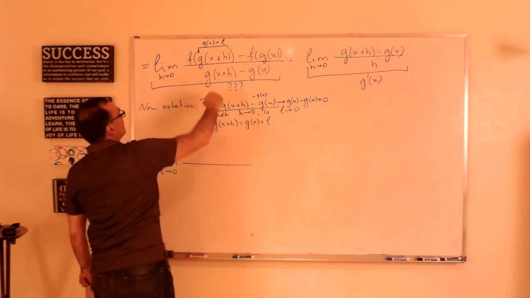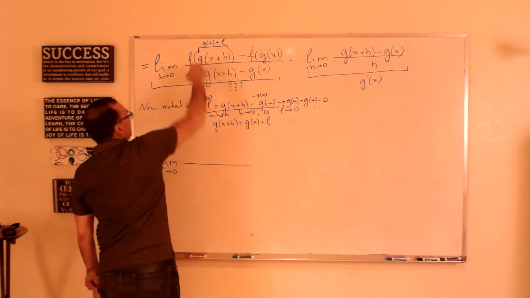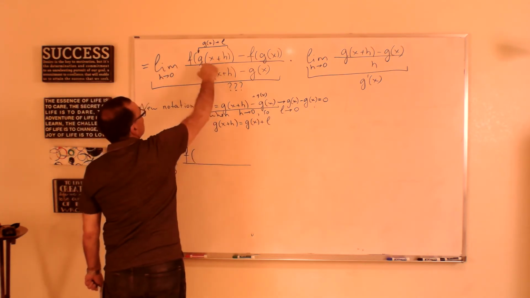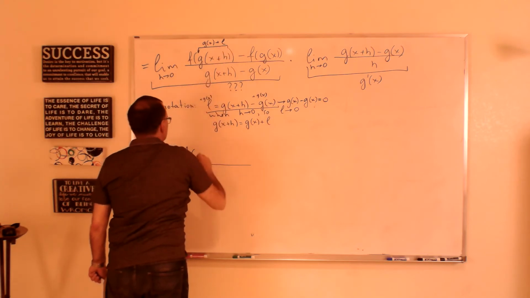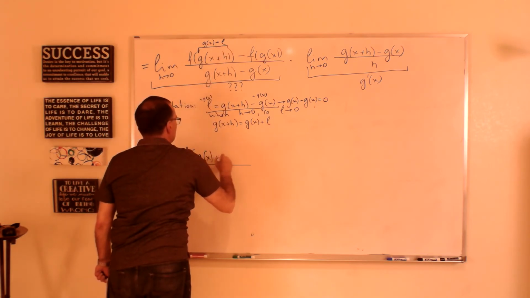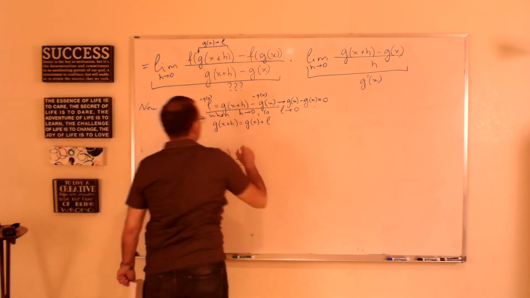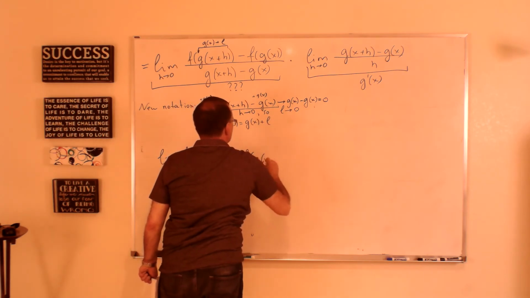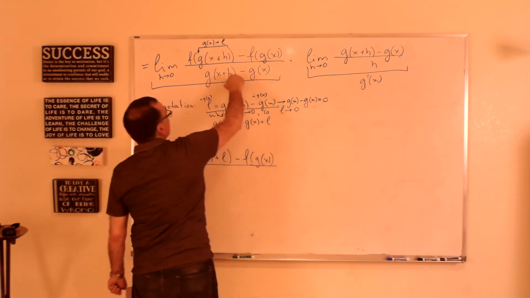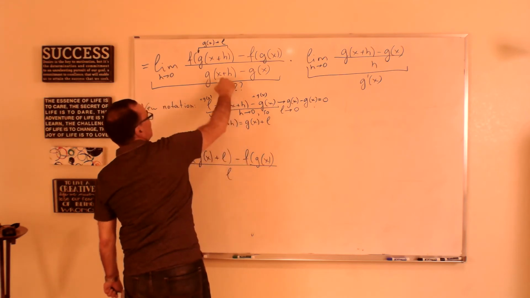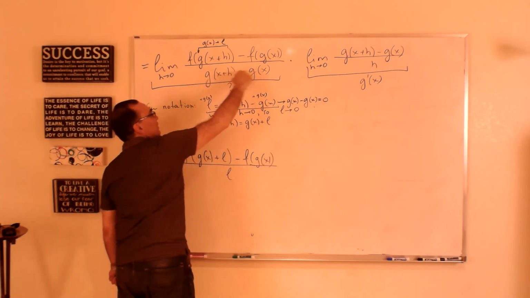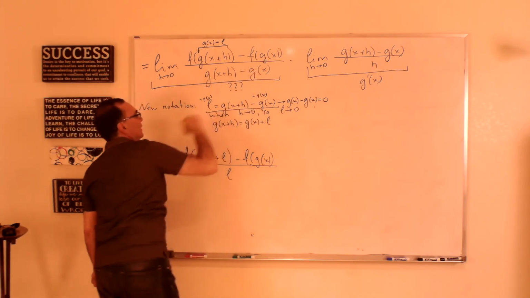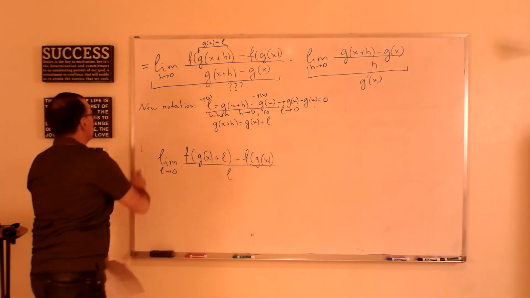And then we have f of g of x plus L minus f of g of x, and the denominator is just L itself, because g of x plus h minus g of x is exactly L. So that's the first limit.